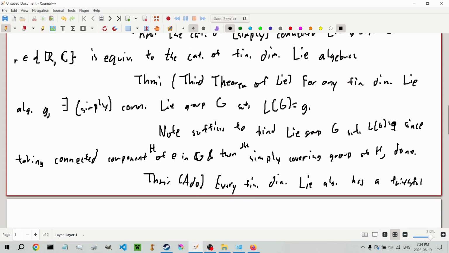No, it has to be injective. Injective, I don't know why my brain broke there for a minute. A faithful finite dimensional representation.